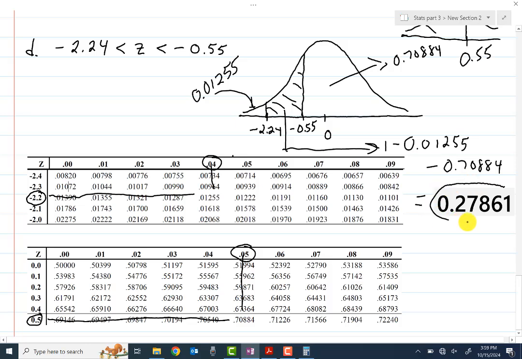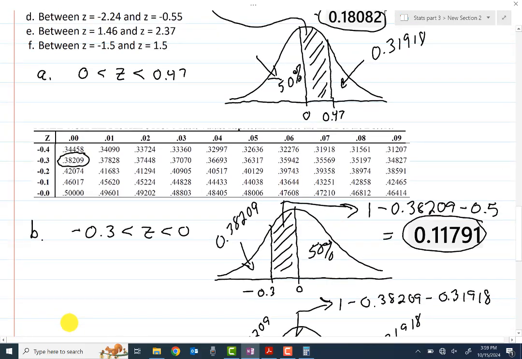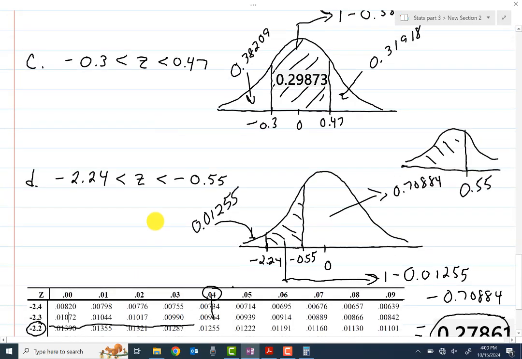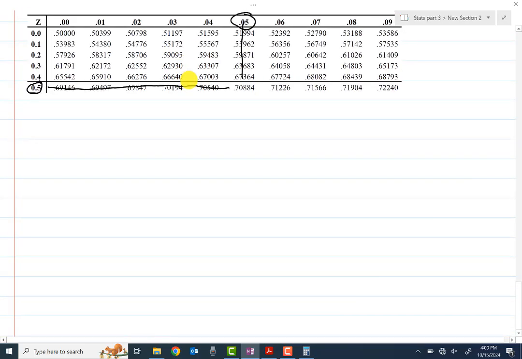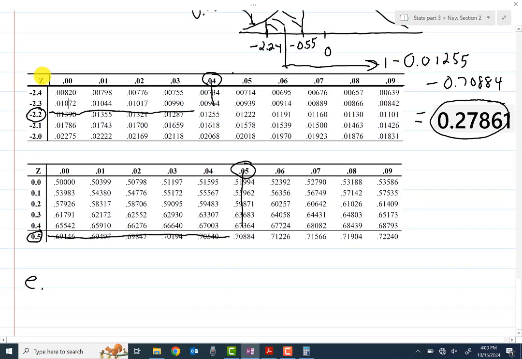And that finishes off that one. Let's go back and look at E. What was E? Between 1.46 and 2.37. That was E, okay.